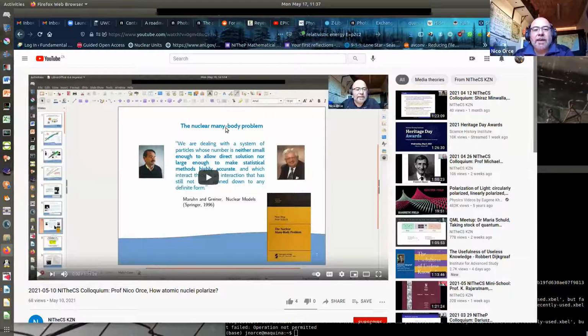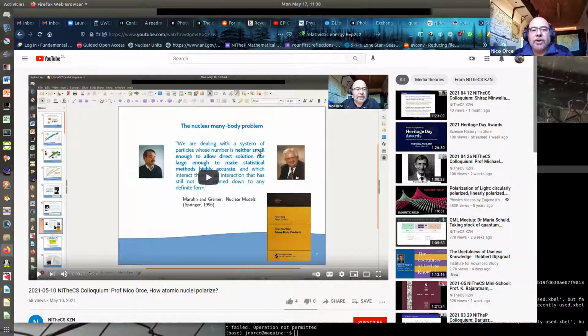So this explains in detail the problem with the nuclear force, the nuclear many body problem. In this first slide, the first snapshot of the presentation, we are dealing with a system of particles which are neither small enough to allow direct solution by means of the Schrodinger equation. In quantum mechanics, you have a system of 12 particles, a nucleus like carbon 12, or a system with 100 particles, and this has no way to be treated mathematically using quantum mechanics.